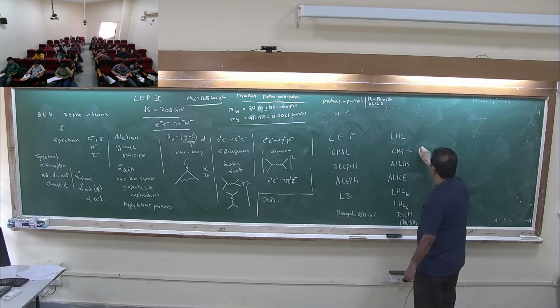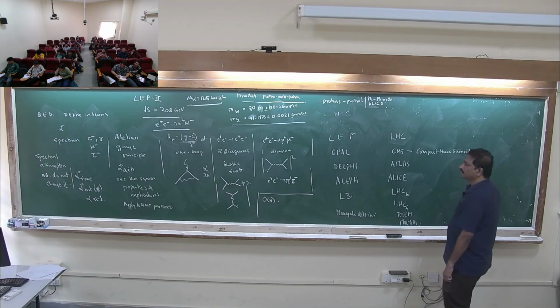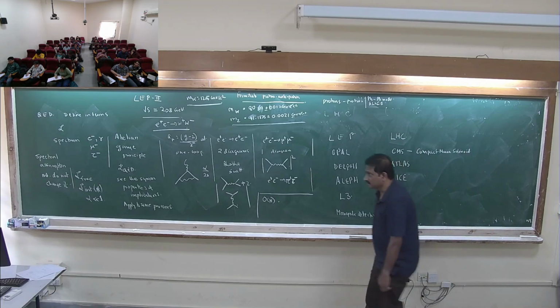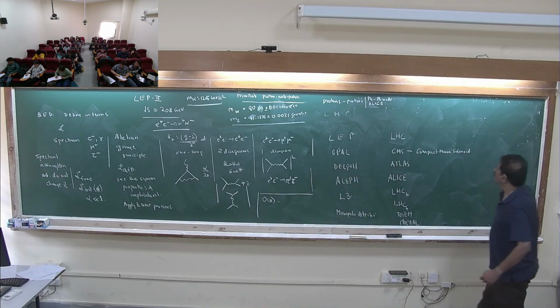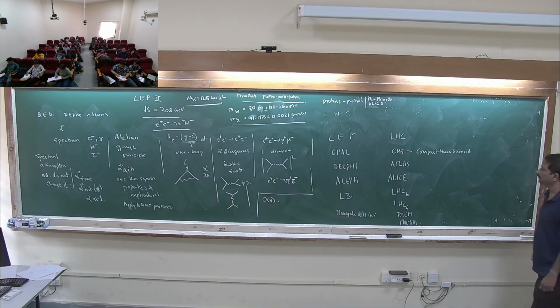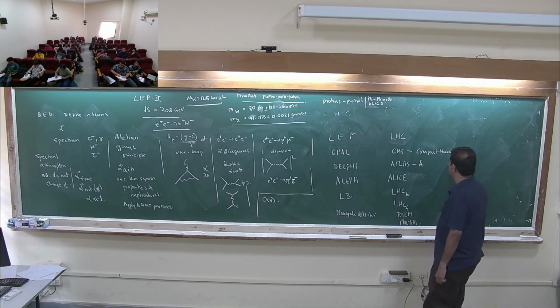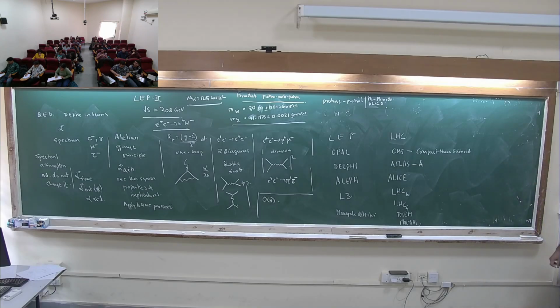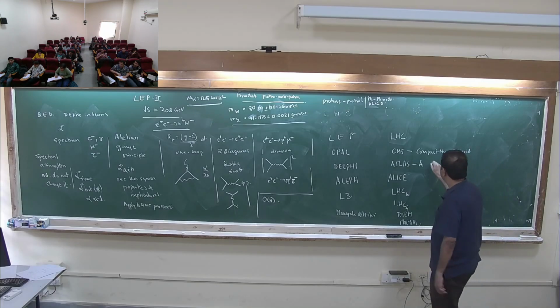CMS is the Compact Muon Solenoid. It's not particularly compact, it's an enormous detector. Atlas is even bigger, and Atlas stands for A Toroidal LHC Apparatus. What's the opposite of a solenoid when it comes to magnetic systems? A toroid, right.